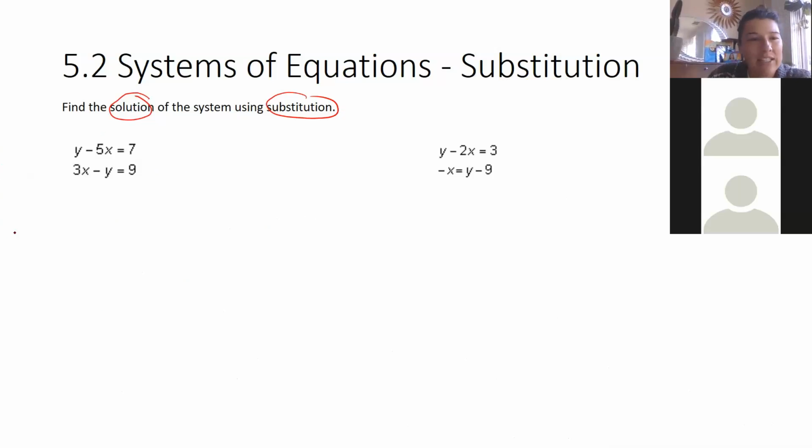So on this left one, is there an equation, 1 or 2, that almost has a variable alone, isolated? No, because the x and the y are on one side. Yep. On both of them. What about equation 1 here? How many steps would we have to do to get y alone?